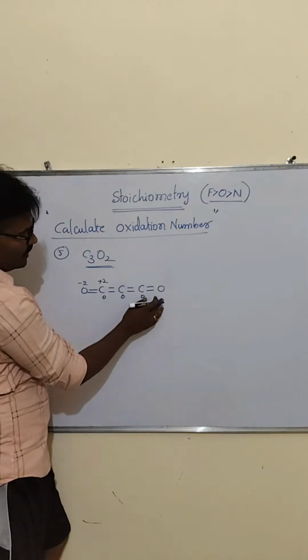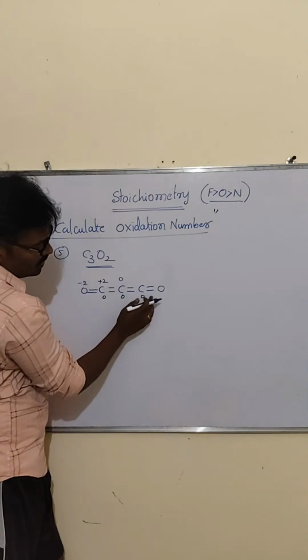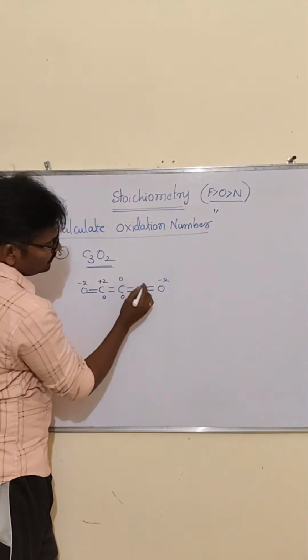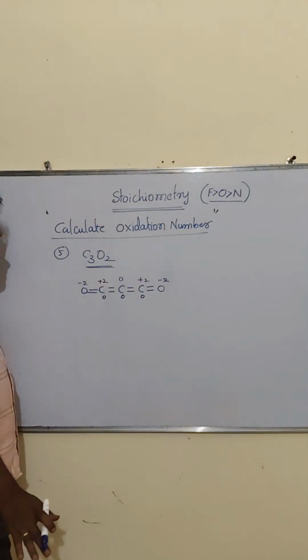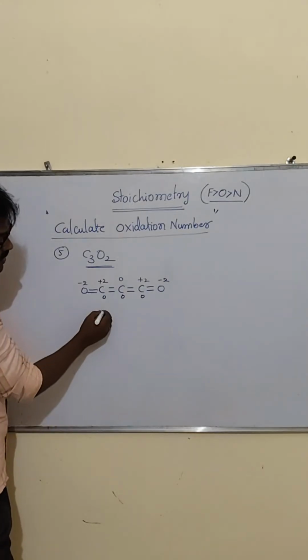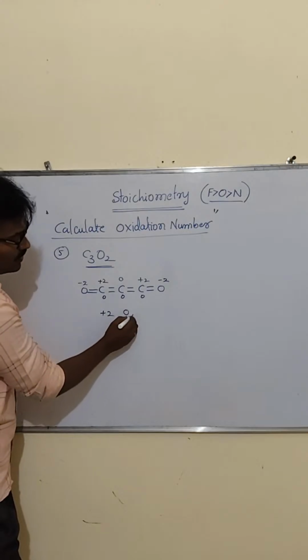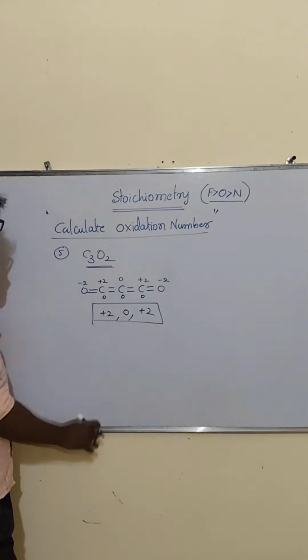So the oxidation state of the middle carbon is 0. Then on the other side, carbon and oxygen, here -2 on oxygen, then +2 on carbon. Clear? Understand? So now the carbon atoms: the first carbon +2, the second carbon 0, then the third carbon +2. These are the oxidation states of the carbon atoms.